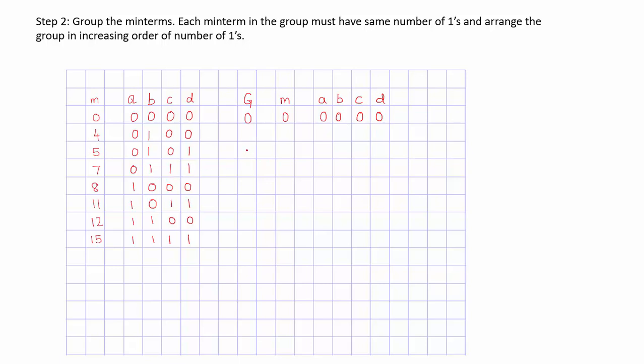So the next group is group 1. So it will have 4 and 8, because minterm 4 and minterm 8 contain only one 1 in them. So 4 is 0, 1, 0, 0 and 8 is 1, 0, 0, 0. Next group 2 will have 5 and 12.